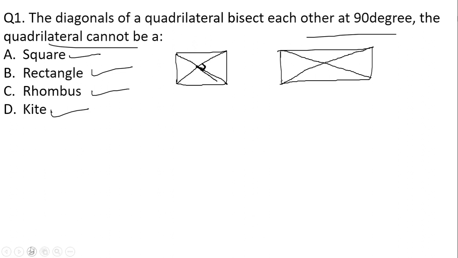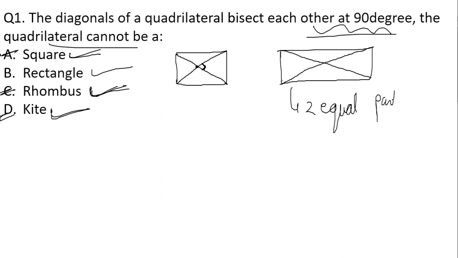So here, in case of square, rhombus and kite, all the diagonals in these three given shapes are going to cut or bisect each other at 90 degrees.